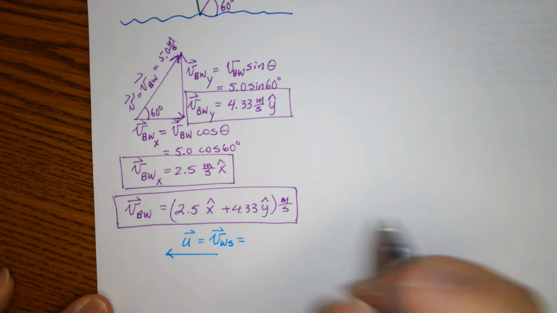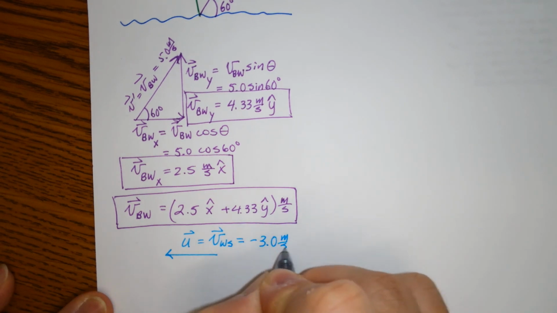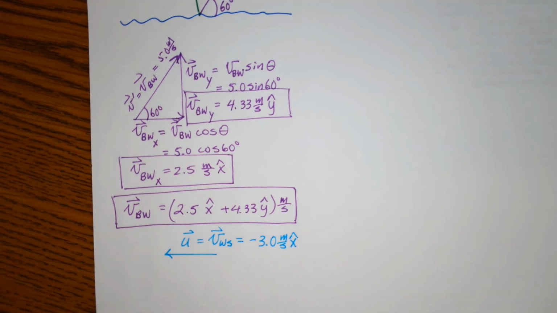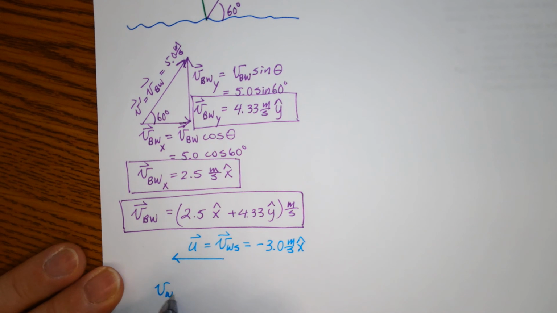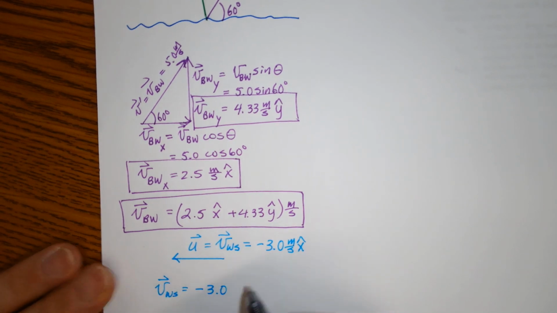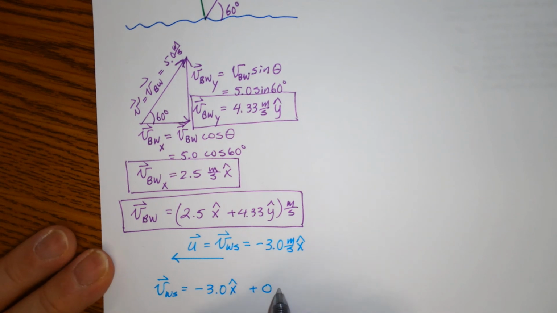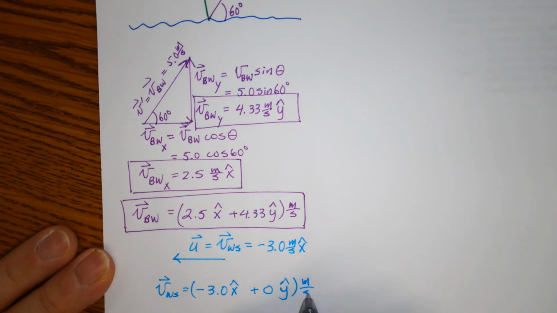And that is simply -3 meters per second in the x hat direction, and there's nothing in the y direction. So we can simply say VWS is equal to -3.0 x hat plus 0 y hat meters per second.